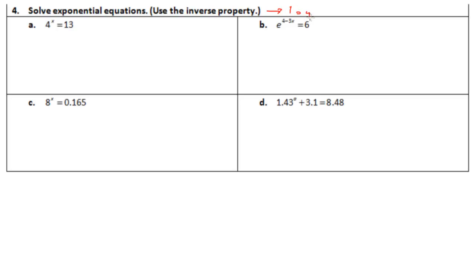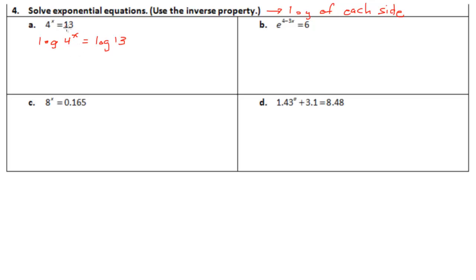This is when we have our variable in the exponent. That's why they're called exponential equations. So just take log of 4 to the x equals log of 13.